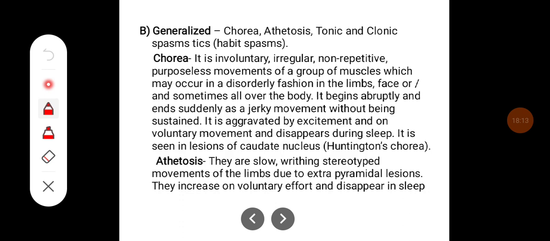Some of the generalized movements are chorea, athetosis, tonic and clonic spasm, or tics. Chorea is an involuntary, irregular, non-repetitive, purposeless movement of groups of muscles which may occur in a disorderly fashion in the limbs, or in the face, or sometimes all over the body.